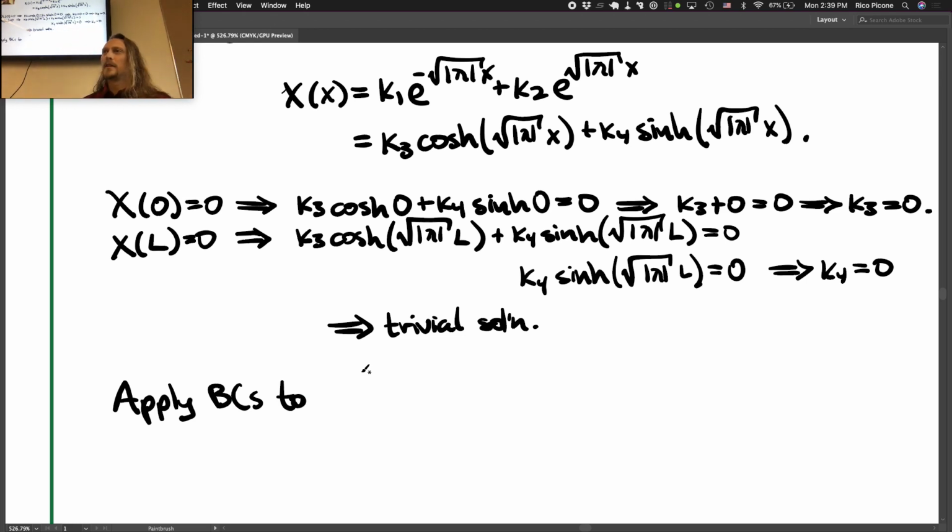Eigenfunctions. It's a Sturm-Liouville problem. So we should have confidence that there are some. And there are only 3 possibilities, right? We're not going to consider any other possibility besides lambda being negative, 0, or positive. It has to be one of those. So this has to give us a non-trivial solution.